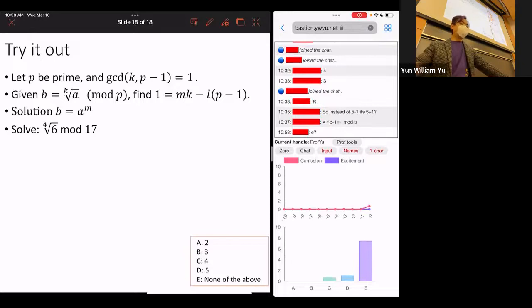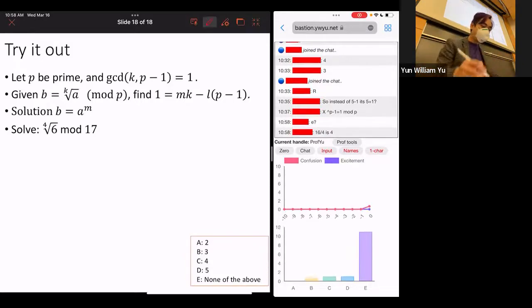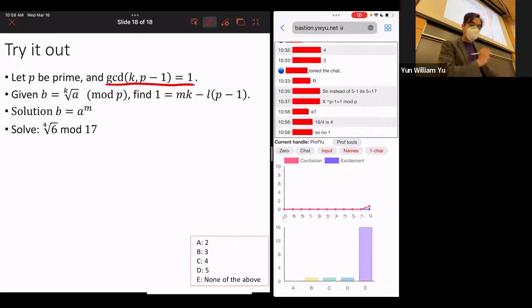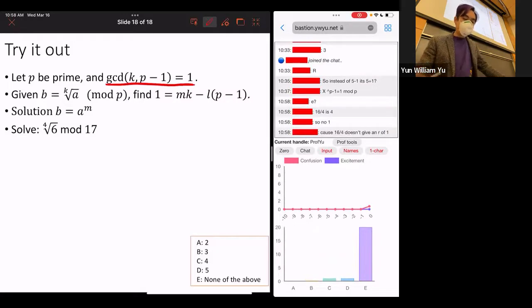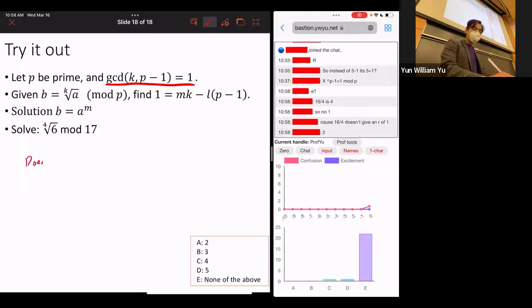Yeah, so you have to be really careful, right? Because you need the greatest common divisor of k and p minus 1 to be equal to 1 in order for this method to work. There may exist roots, but the method we just gave you will only work if the two numbers are relatively prime. And so our method doesn't work since the GCD of 4 and 16 is equal to 4.